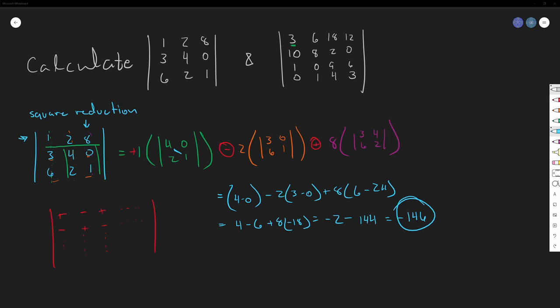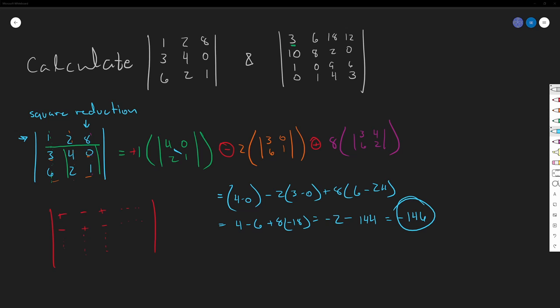So let me double check. So 6 minus 24 times 8 is negative 144 minus 2. Yeah. Okay, cool. So yeah, this is right. Assuming I typed it right. But yeah, this is right.